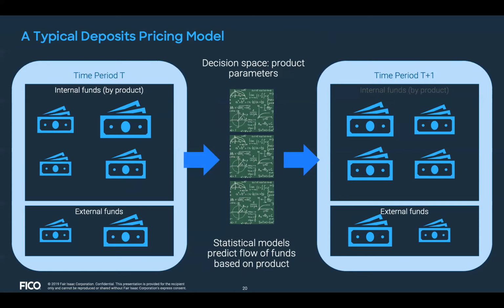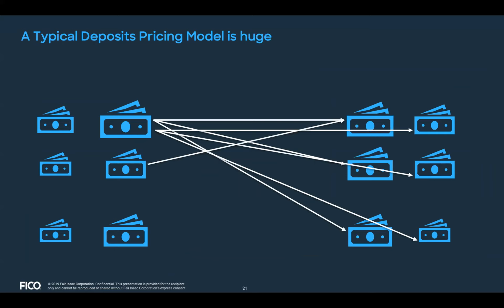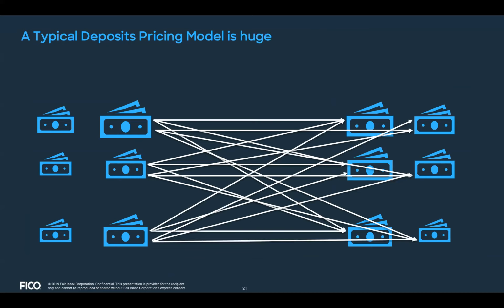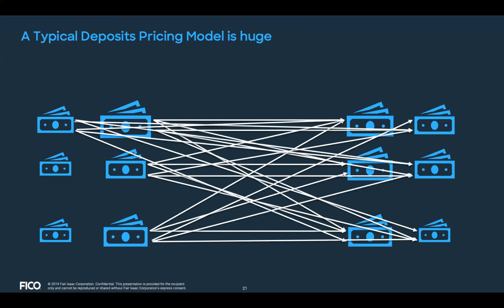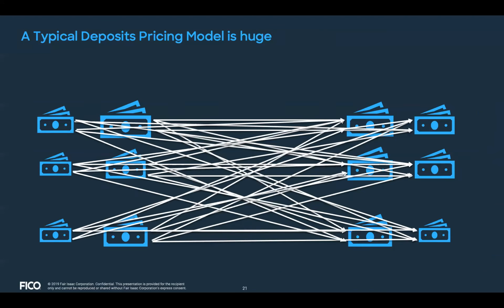And what you're doing now is you're modeling this as a big network with some statistical models describing which fund moves in which quantity to which other fund. So if you look at this in a little bit more detail, you have your funds, and then some kind of model transformation formulas, however you want to look at this, between each of those funds. And you have that for however many time periods, 50, 100, you're looking at. So this suddenly becomes a really, really big nonlinear model.